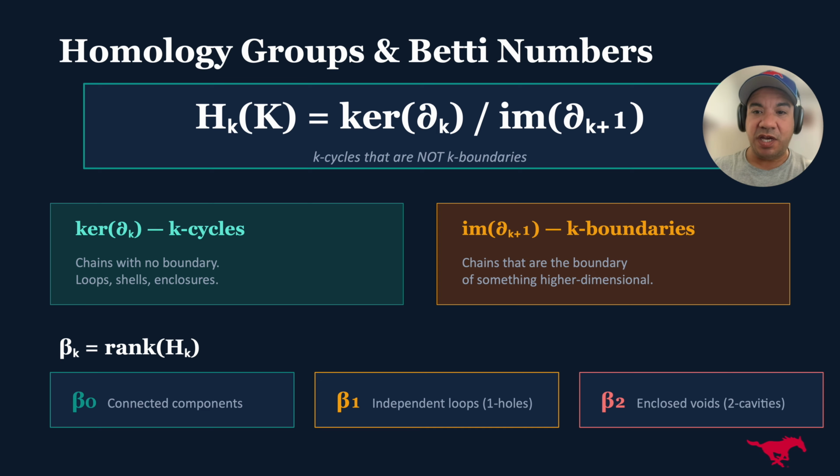The rank of Hk is the kth Betti number. So beta k equals the rank of Hk. Beta 0 counts connected components, beta 1 counts independent loops, and beta 2 counts enclosed voids.